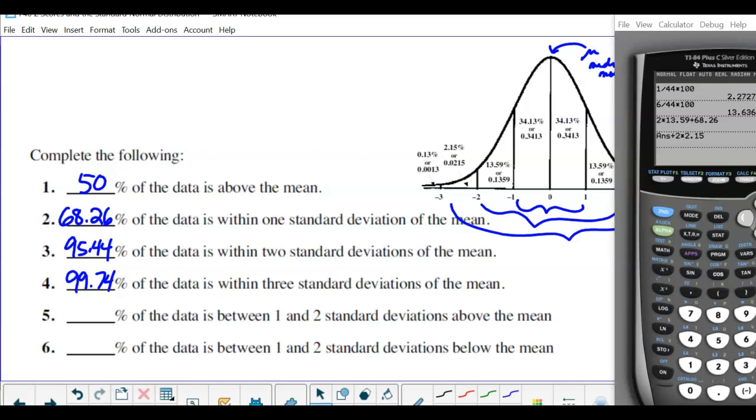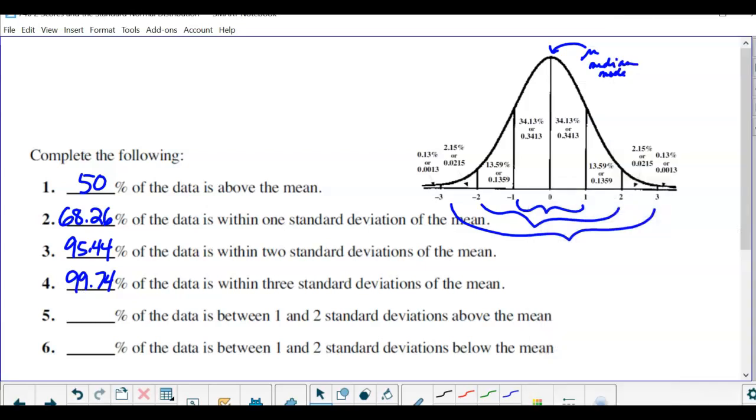Okay? Then, what percent of the data is between 1 and 2 standard deviations? So that would be this here. What percent of the data is between 1 and 2 standard deviations above the mean? So that's that, 13.59. Between 1 and 2 standard deviations below the mean is the same.